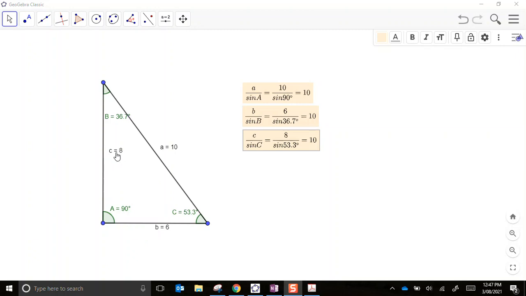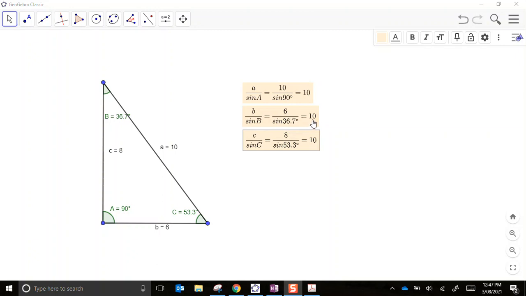Now, a very long time ago, some clever people figured out that if you went a divided by sine of angle A, so in this case 10 divided by the sine of 90 degrees, that came out equal to 10. And they then checked, what happens if I go b divided by the sine of angle B, so 6 divided by sine of 36.7 degrees also came out to equal 10.